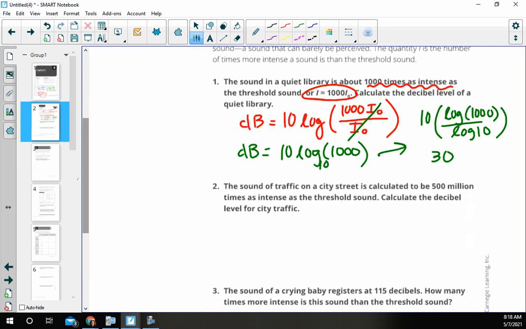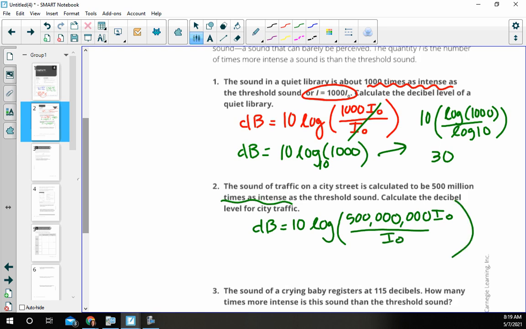All right, so the sound of traffic on a city street is calculated to be 500 million times as intense. So that just told me where I'm shoving it. Okay, as the threshold sound, calculate the decibel level for the city. Okay, so dB is equal to 10 log. It is now 500 million times that decibel sound.